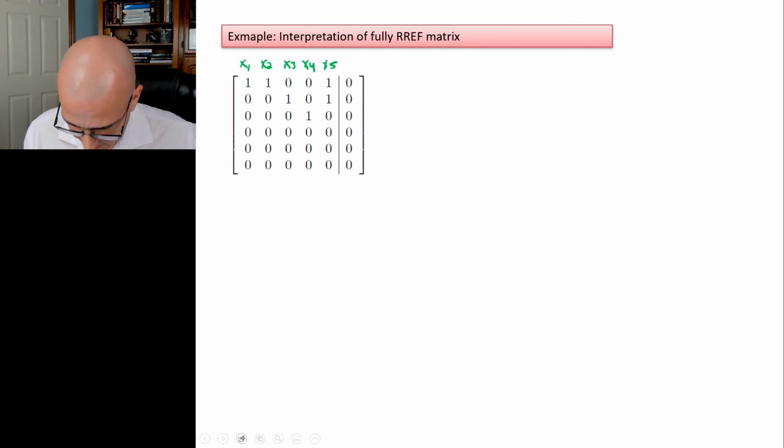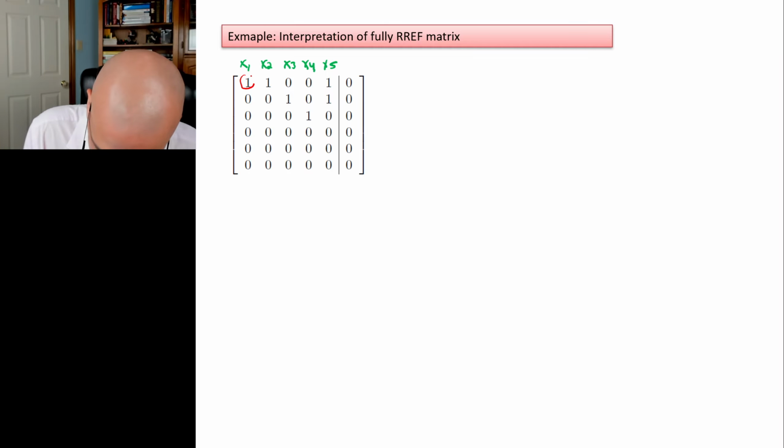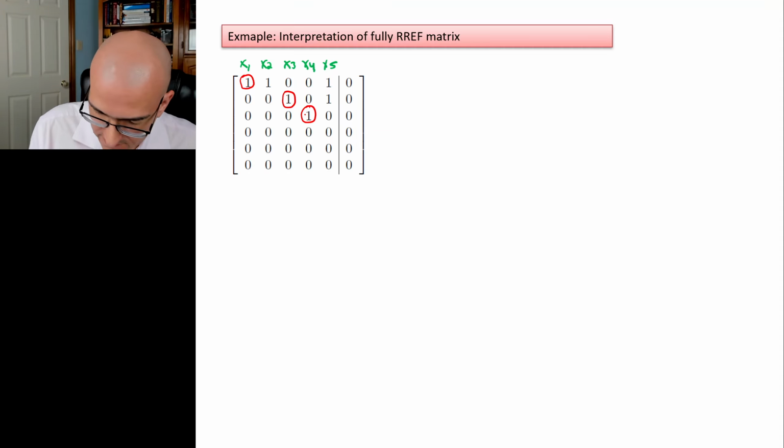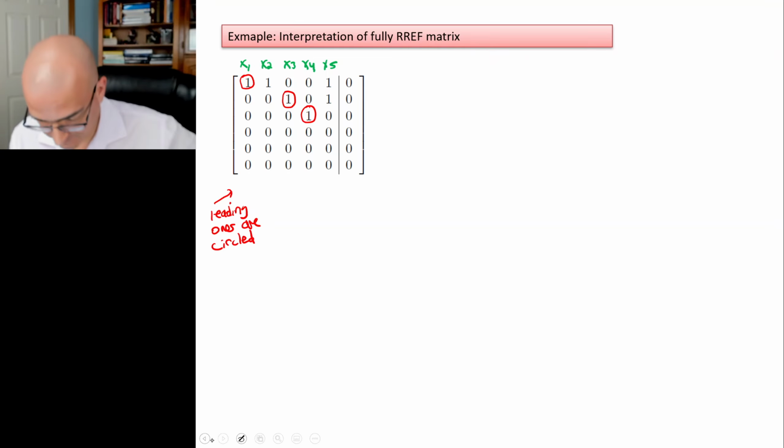And then I'm going to circle leading ones. Leading one. The next one is not a leading one. It's not the first non-zero number in its row. Leading 1 and leading 1. Leading ones are circled.